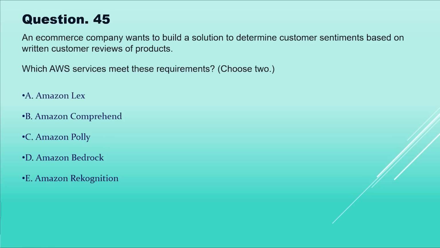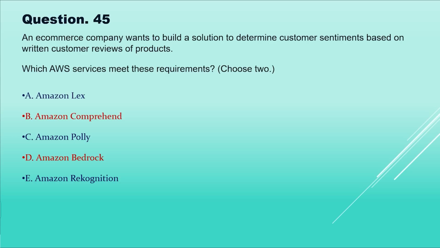And the correct answer here will be option B and D, Amazon Comprehend and Amazon Bedrock. Because Amazon Comprehend is a natural language processing service that uses machine learning to uncover insights and relationships in text. It offers sentiment analysis capabilities out of the box which can directly determine the sentiments, positive, negative, neutral or mixed, expressed in customer reviews.